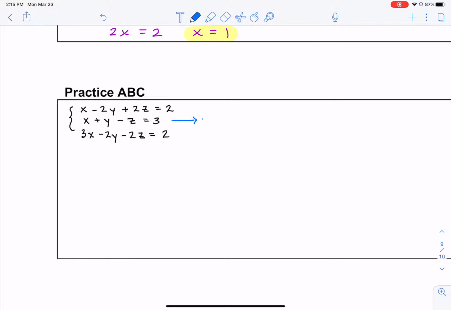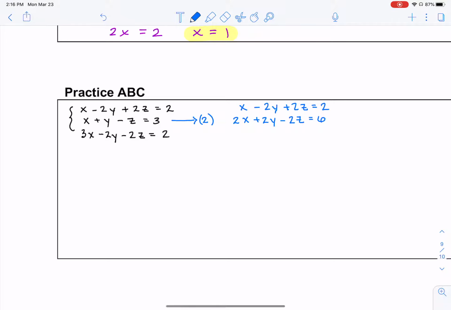I'm going to multiply by 2. And the distribution of 2 across that gives me 2x plus 2y minus 2z equals 6. Okay, and then rewriting the first equation just as we see it, x minus 2y plus 2z equals 2.